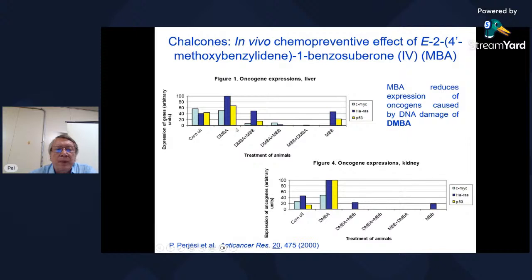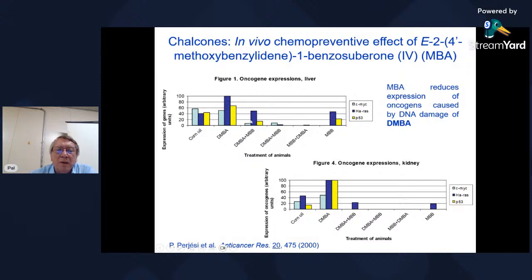What we could see is that when we treated the experimental animals with the carcinogenic dimethylbenzanthracene, the expression of these cancer genes increased according to our expectations.